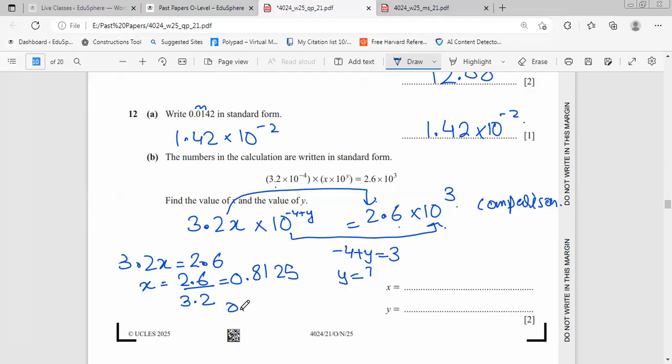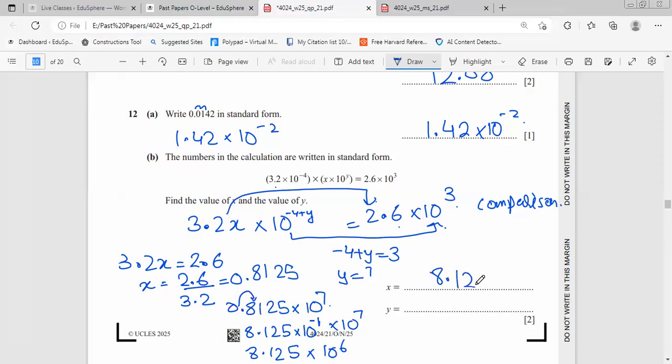Since we have found 0.8125 times 10 raised to the power 7, if we convert this into standard form, it becomes 8.125 times 10 to the minus 1, because we are shifting the decimal from the back side, and this is 10 raised to the power 7. So combining these two, we get 8.125 times 10 to the power 6. So the final value of x is 8.125, and the value of y is 6.